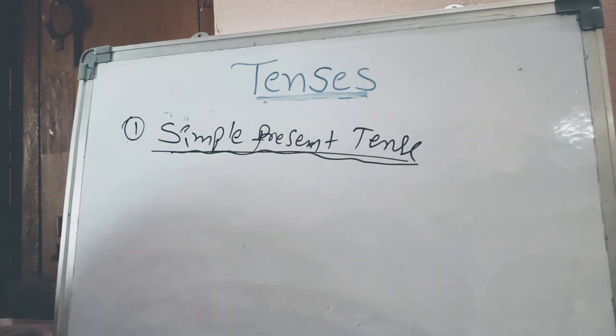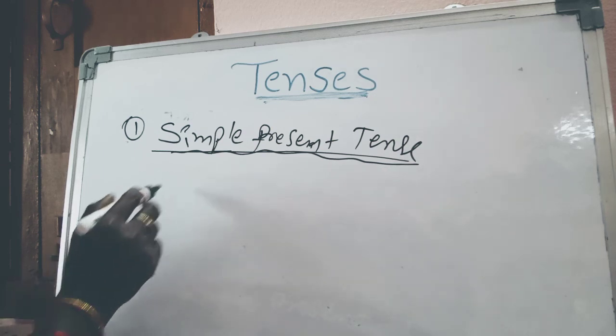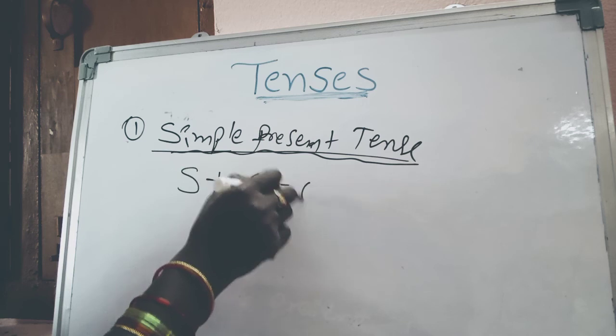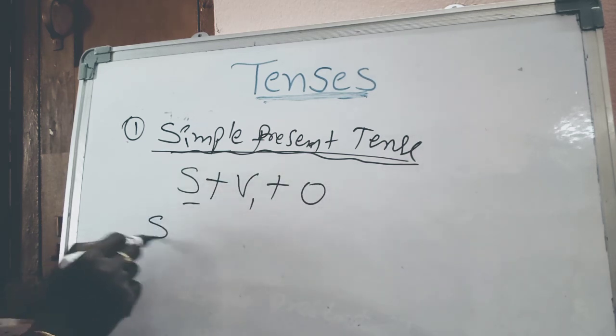Before explaining this, we must know the structure of simple present tense. The structure is S plus V1 plus object. What is S? S means subject.